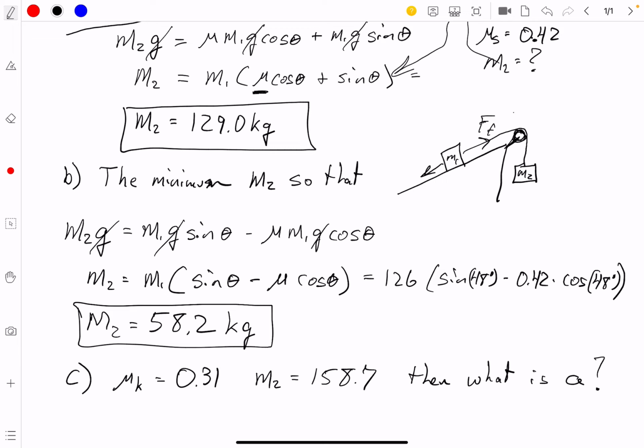So which direction is our acceleration happening? Well, our old case, 126 was M1. That was our old case.